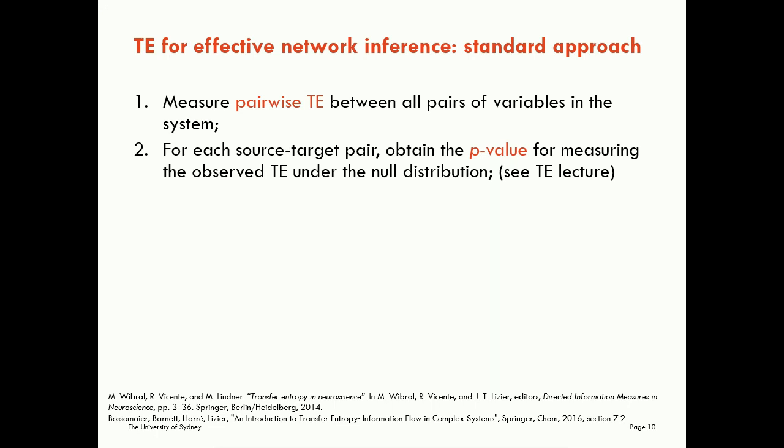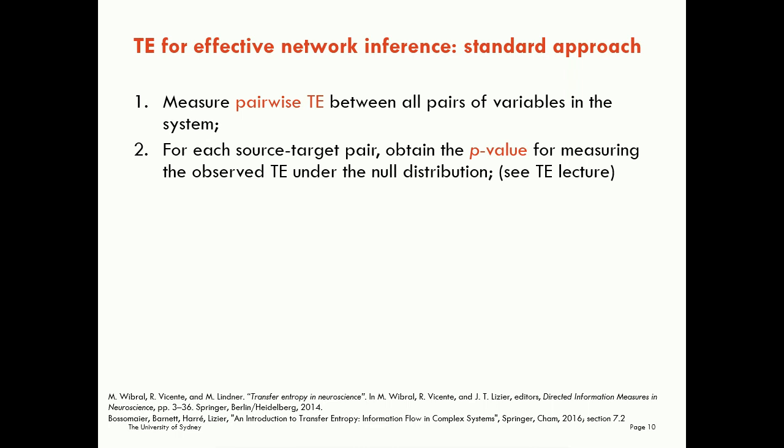And as we discussed during our previous session on information transfer, comparing the measurement of transfer entropy to the distribution we would get under the null hypothesis that there's no source-target relationship gives us a really good way of checking if there's a statistically significant directed relationship between the source and target.